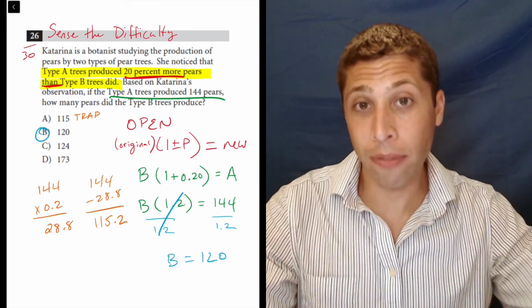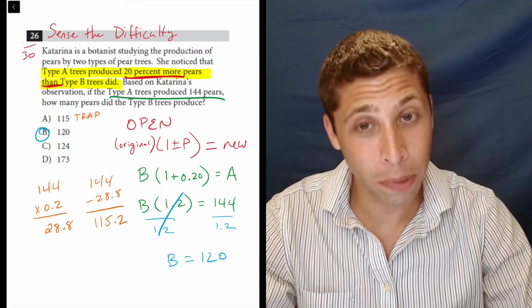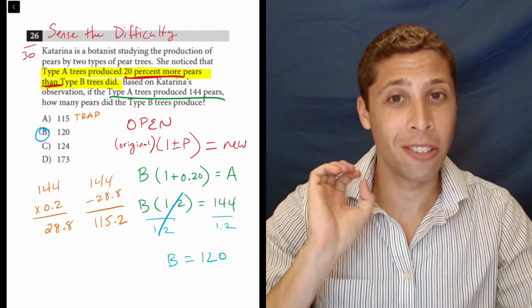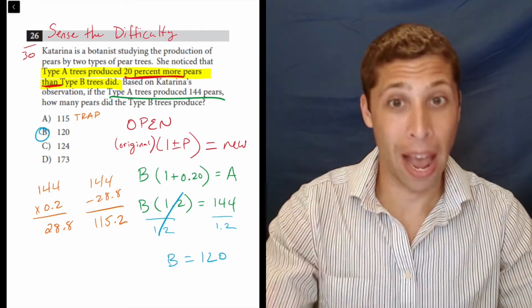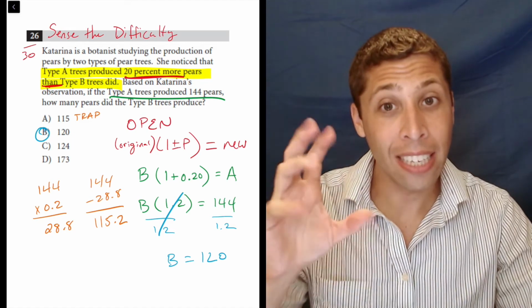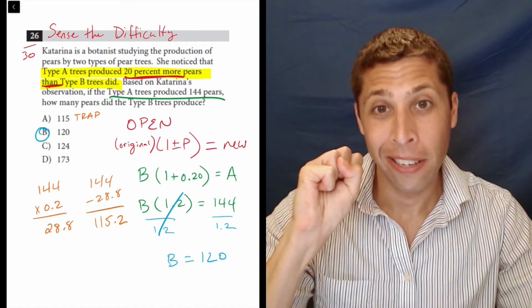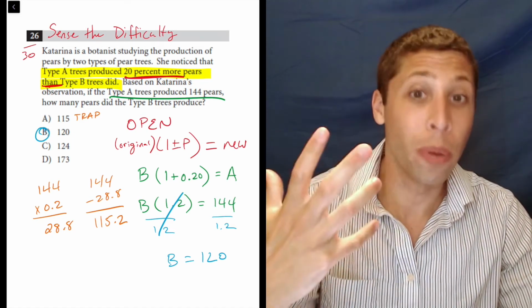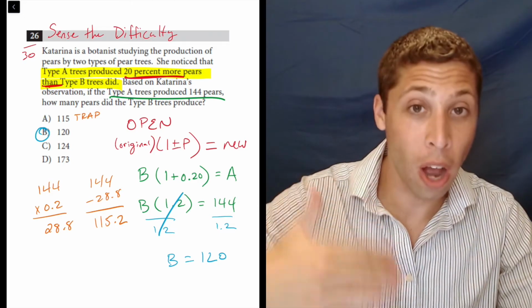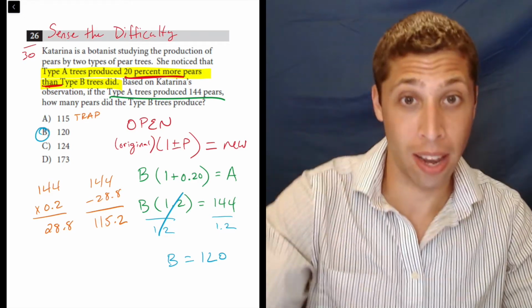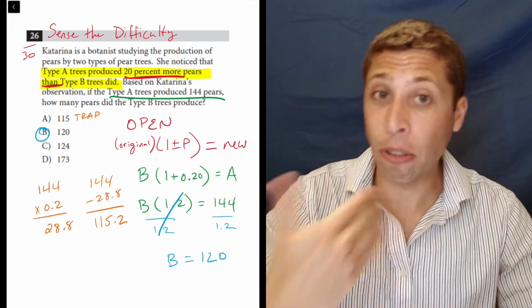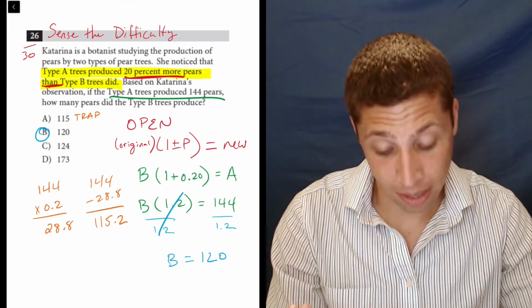The benefit of the one that I've made here, this OPEN formula, is that it really tries to stick to the same exact pattern no matter what. And it keeps the intuitive stories intuitive, right? If we're talking about something being a percent more than, it's going to involve a plus. If it's a percent less than, it's going to have a minus in those parentheses there.